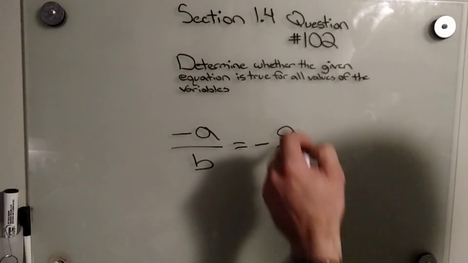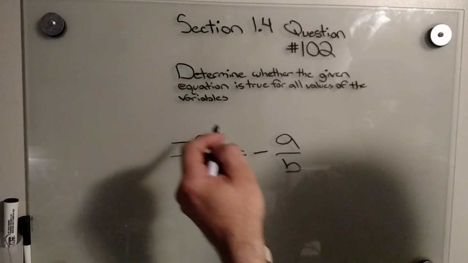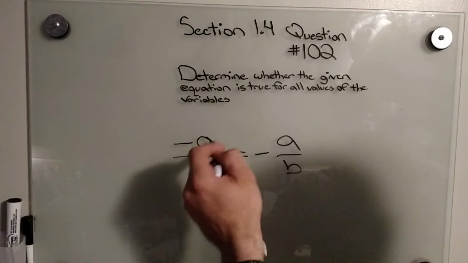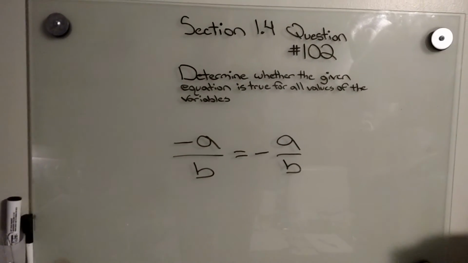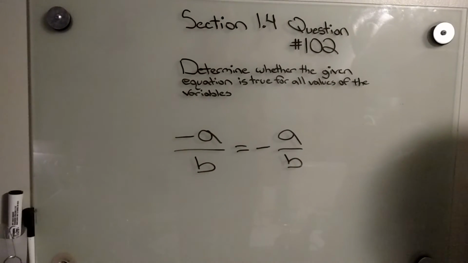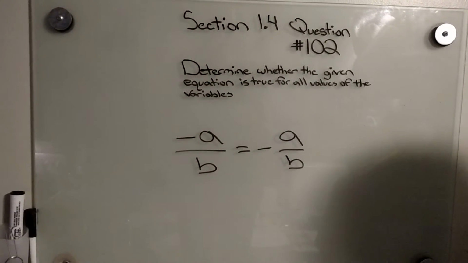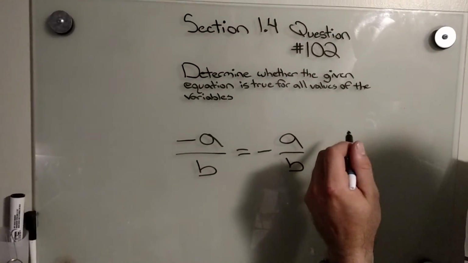If you took the negative of a positive over a positive, you have a negative. And if you divide a negative by a positive, your final result is a negative. And just for giggles, we can plug in a negative number, because one might think that would be a possible counterexample, but it's not.